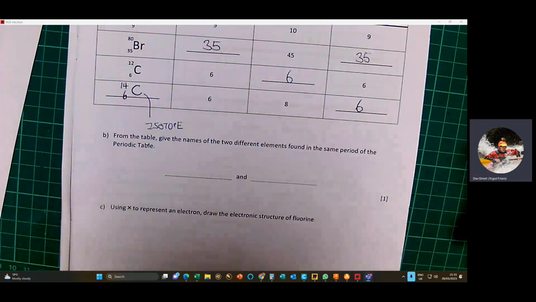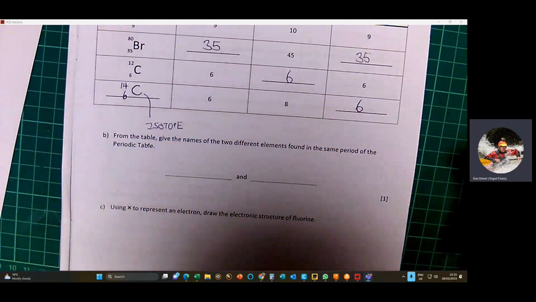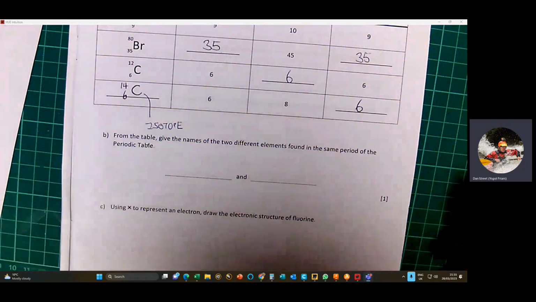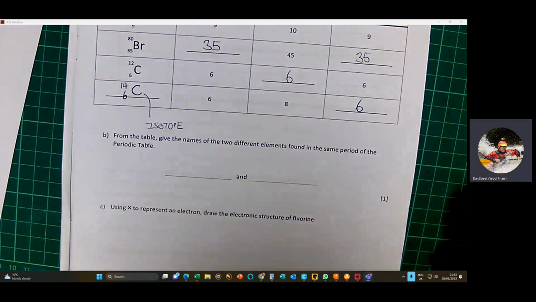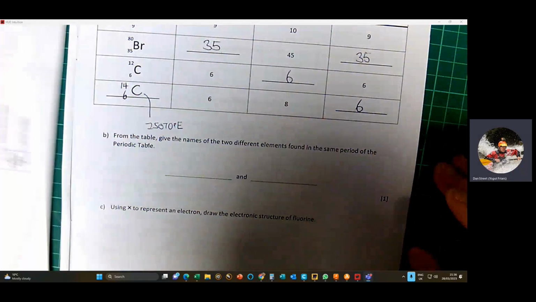Right, from the table, give the name of 2 different elements found in the same period of the periodic table. Now, period, we need to remember, is the horizontal row. So if we have a look at our periodic table, we're looking across here.